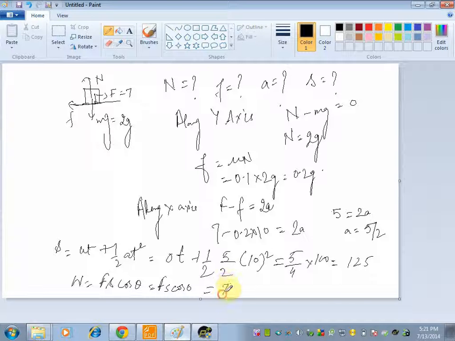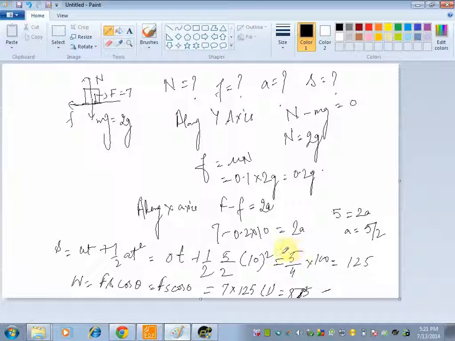This is 7 into 125 into cos 0 is 1, so the answer is 875.